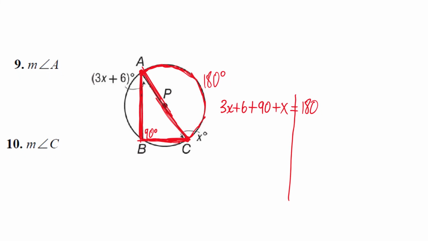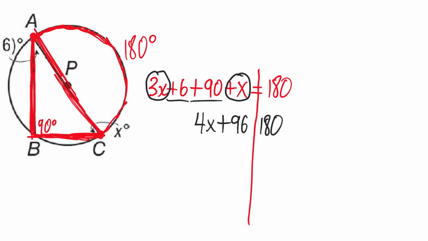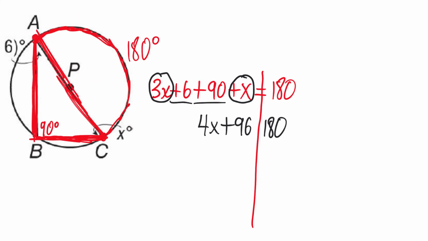So let's solve for x now. So 3x and 1x, just combining like terms. So how many x's is that? 4x. And then there's a 6 and a 90. So 6 plus 90 is what? 96 equals 180. Now what do I need to do from here? Subtract 96. Okay, good.